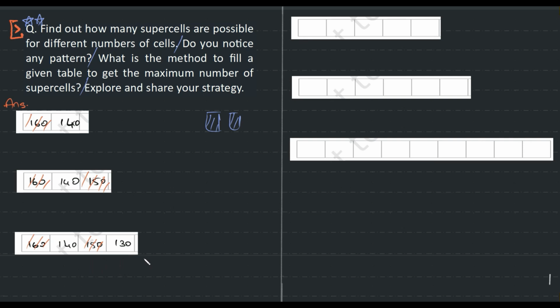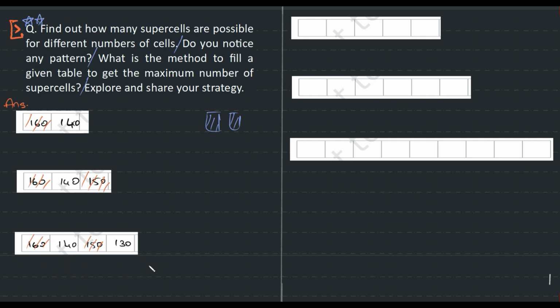So again, what I spoke of now is I'm trying to see if flipping the position around will change the number of supercells. It does not. I'm able to do it mentally. So if I make this 160, 150, this 2 will be the supercell and the number of supercells will not change.